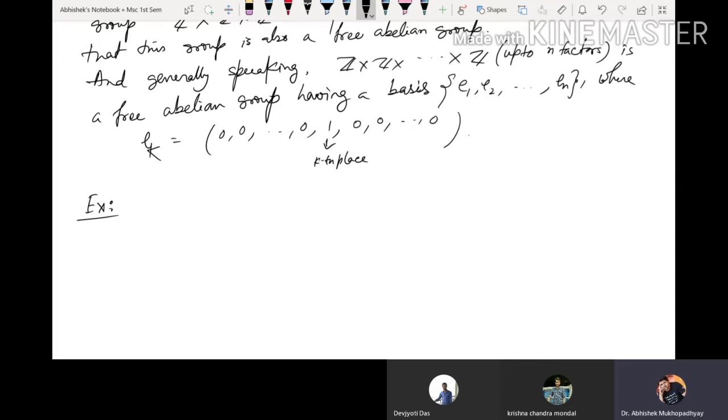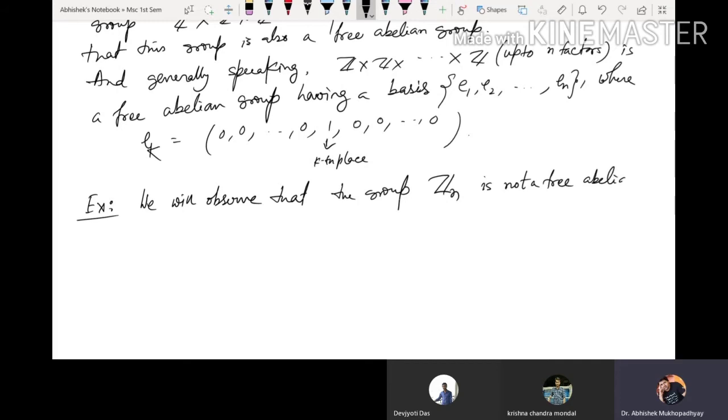We will observe that the group Zn is not a free abelian group. Why is it not free?